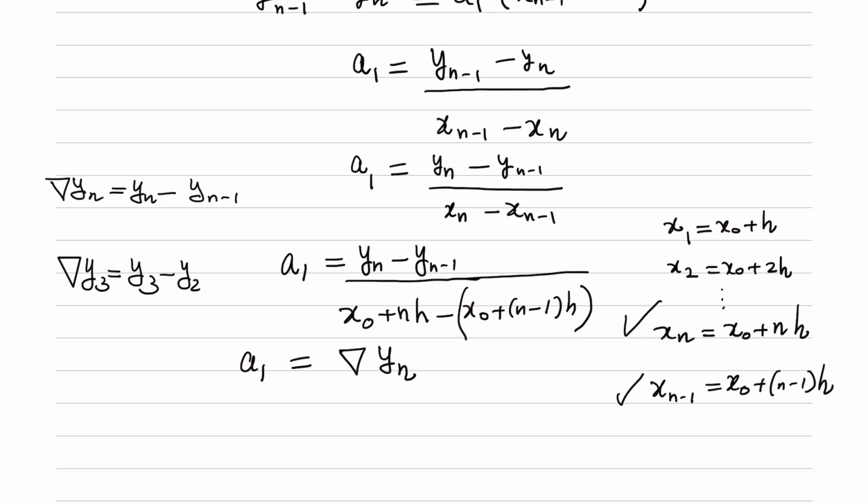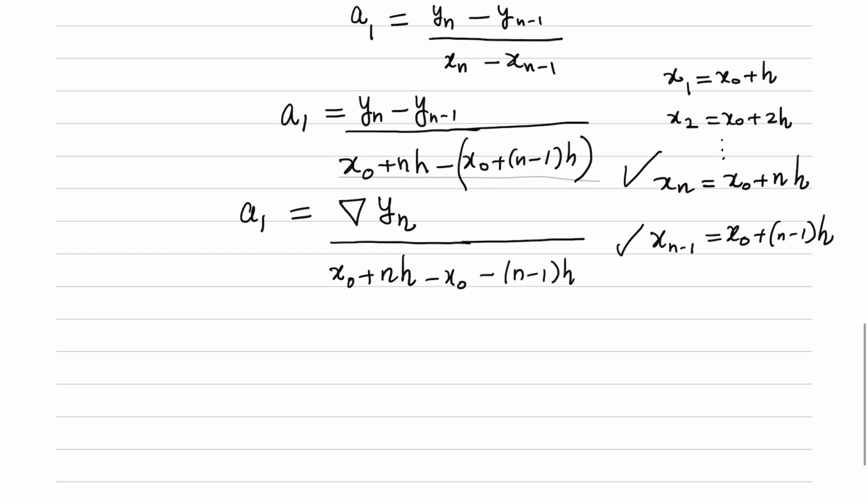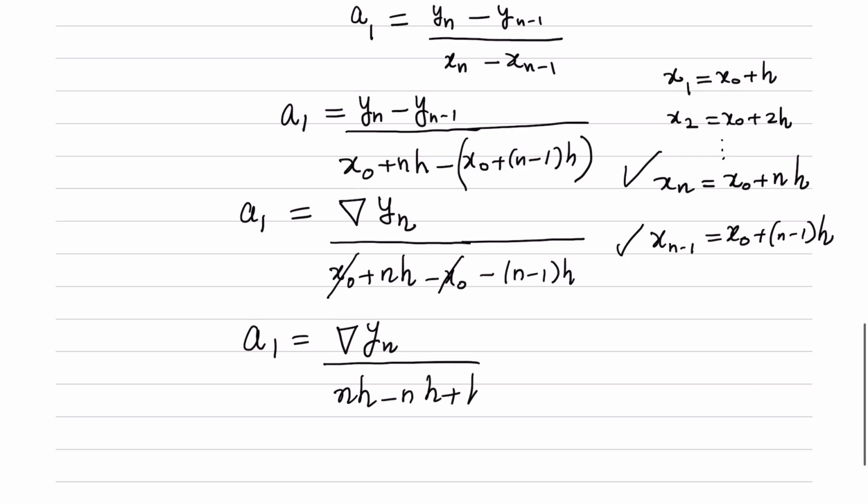So here we have written backward yn divided by, let's simplify the denominator, x0 plus nh minus x0 minus (n minus 1)h, which can be further simplified. a1 is backward yn over nh minus nh plus h.